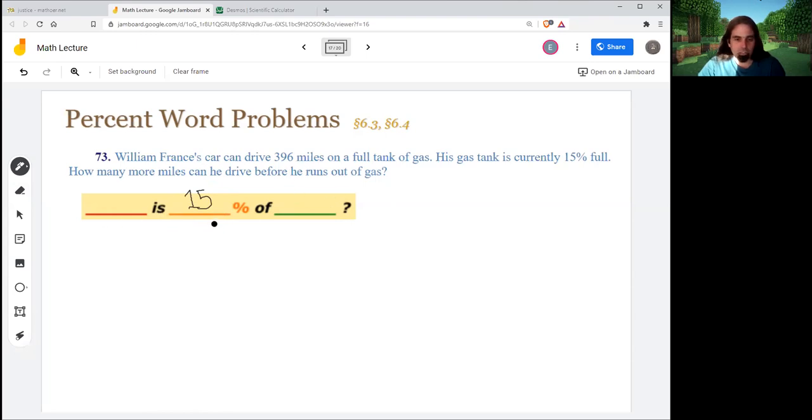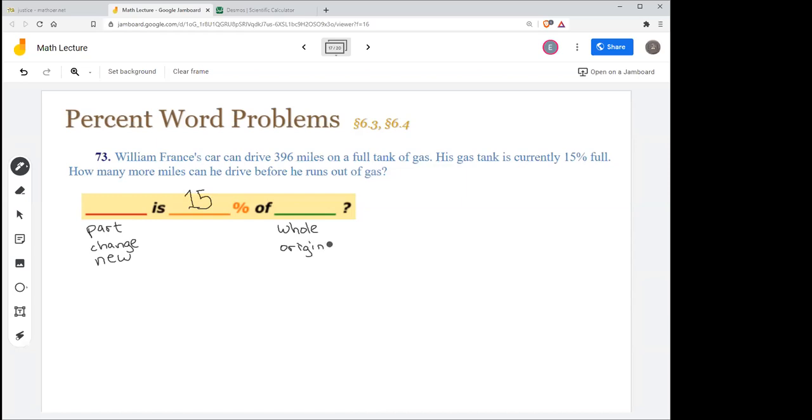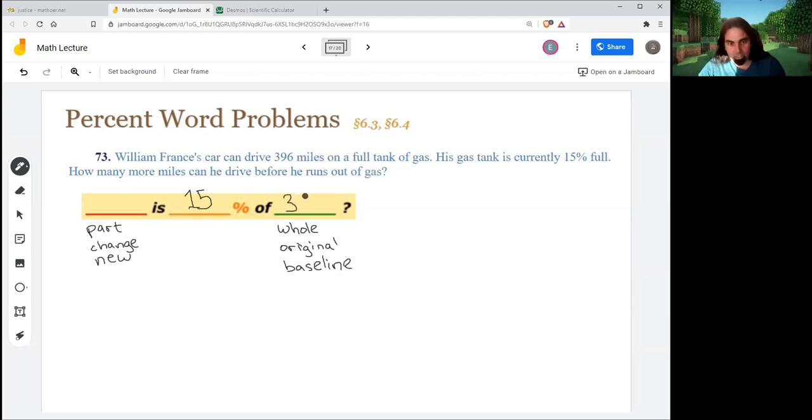Are we asking what is 15% of 396? Or are we asking 396 is 15% of what? Is our 396 our part, our change, our new, or is it the whole, the original, the baseline? It's the whole. So the 396 goes here and the what goes there.